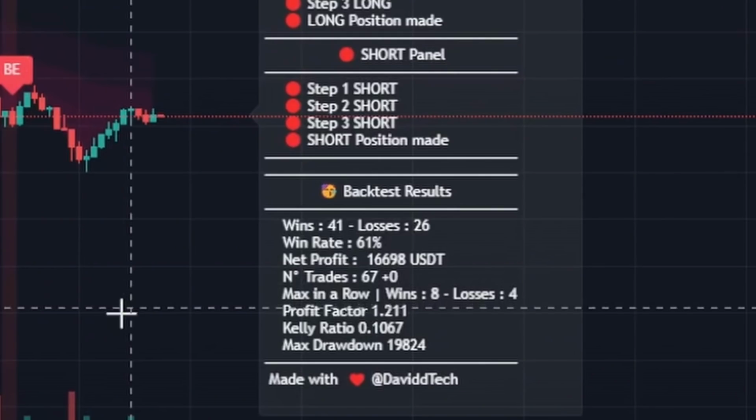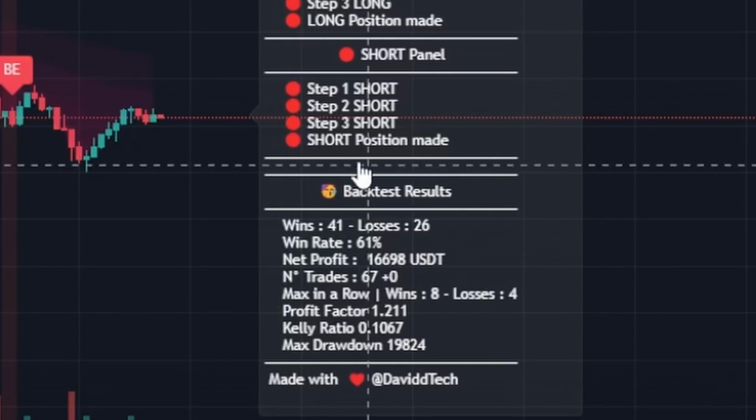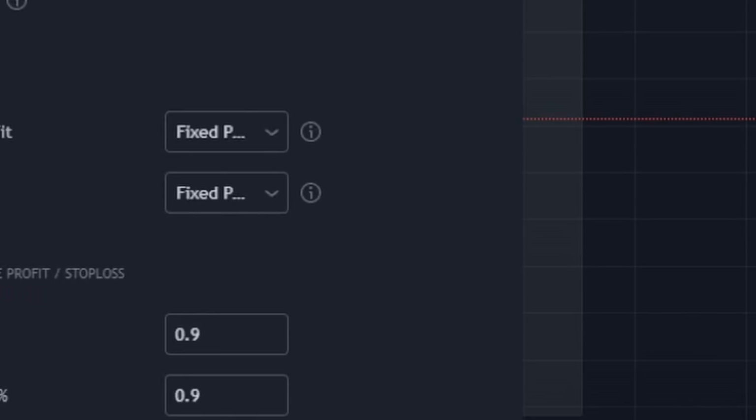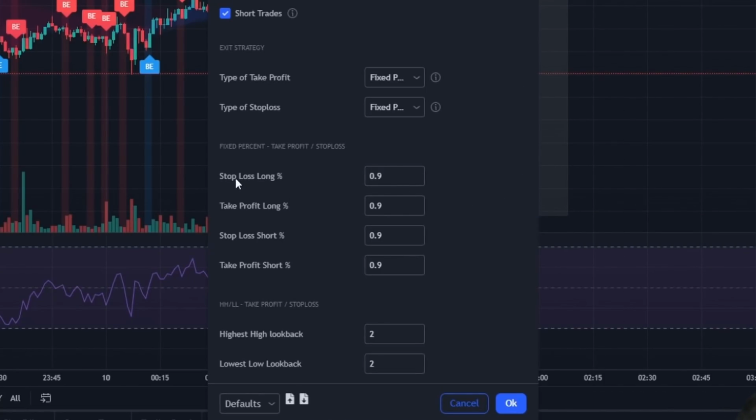Okay, let's go over to my dashboard. So we actually have had quite a good result. I had to change some of the settings from Little Panda here. I've put our stop loss and our take profit to 0.9 because when I used the candle's entry as a stop loss, or the previous candle's open or close as the stop loss, it actually didn't work very well at all.